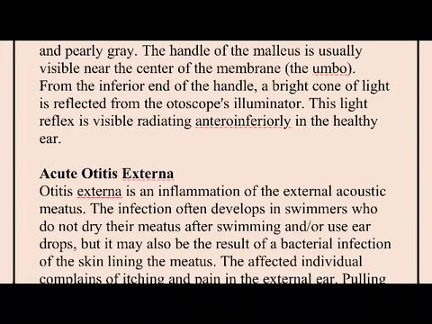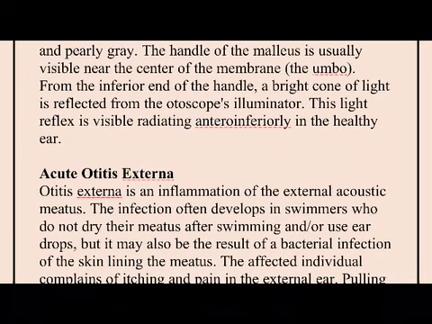What is acute otitis externa? It's a condition in which you have inflammation of the external acoustic meatus, and the infection usually develops in swimmers who do not dry their meatus after swimming, and you can also have it in people that use ear drops.